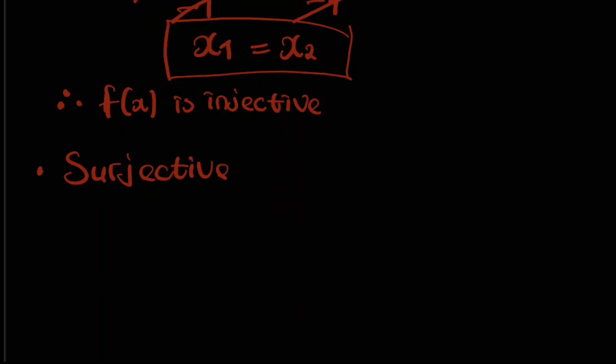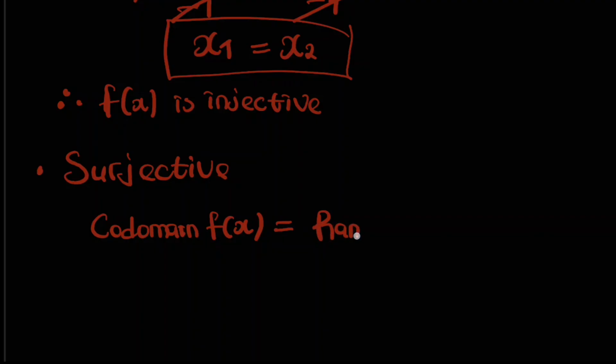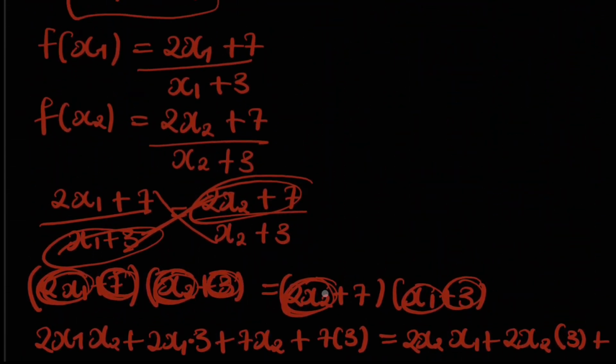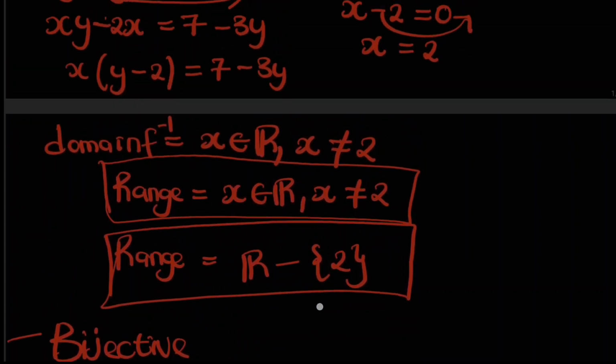Remember, in my previous video, I said for a function to be surjective, the codomain of f of x should be equal to the range of f of x. Remember, in our question above, let me just go to the question.